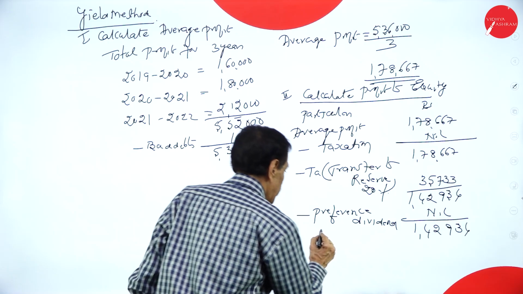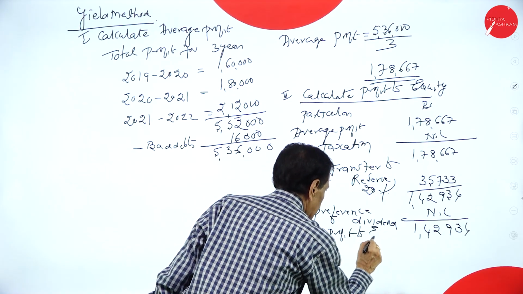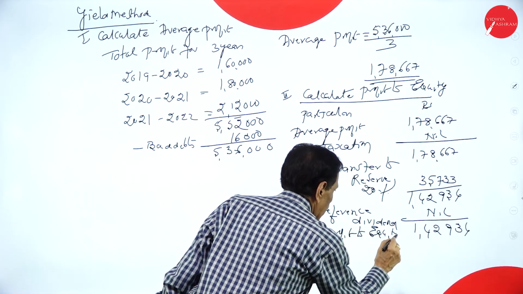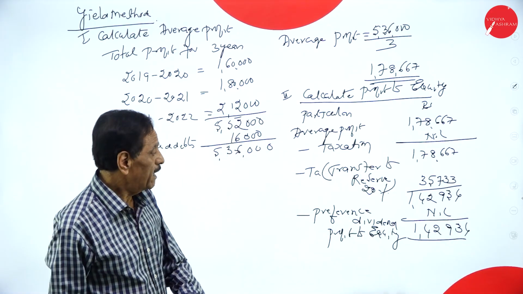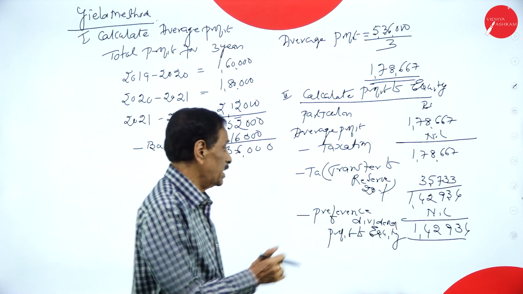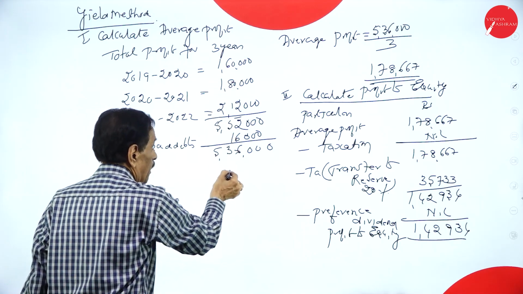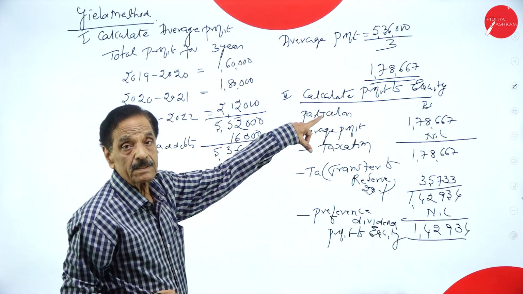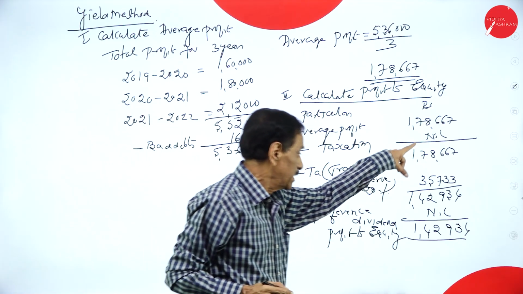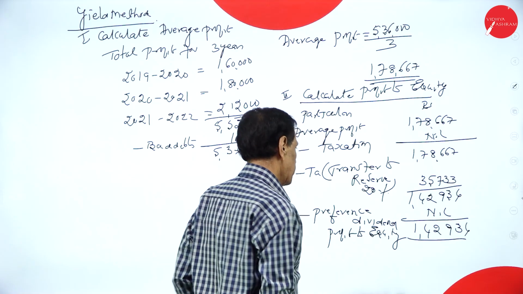Once again, profit to equity, how much? 1,42,934. First, 3 years profit, 5,36,000 divided by 3, 1,78,667. So this is the profit available to equity shareholders.